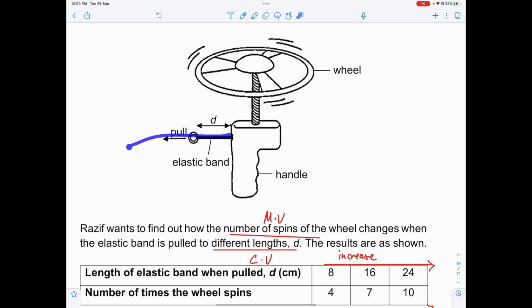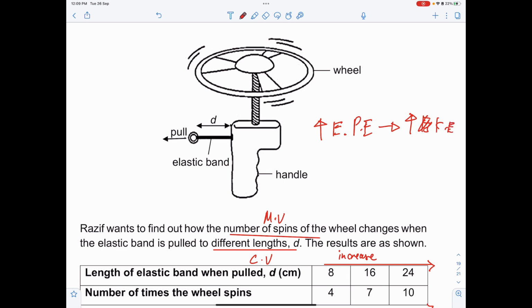The further you stretch it, the more elastic potential energy this elastic band has. So increase in EPE, elastic potential energy. Now, this EPE would then be converted, when it spins, to more KE of the wheel.